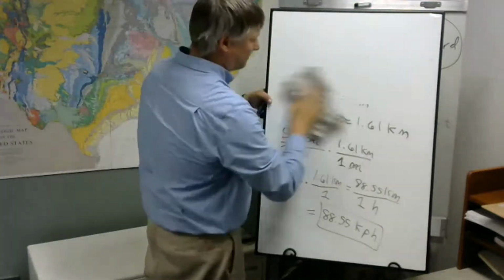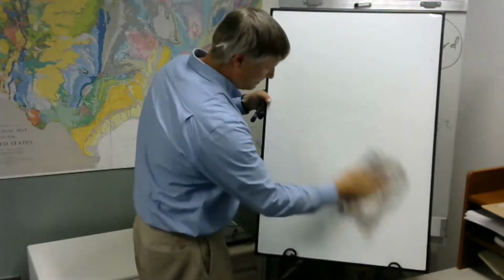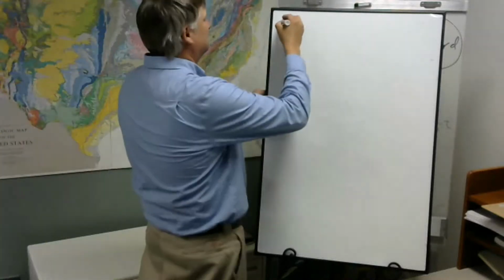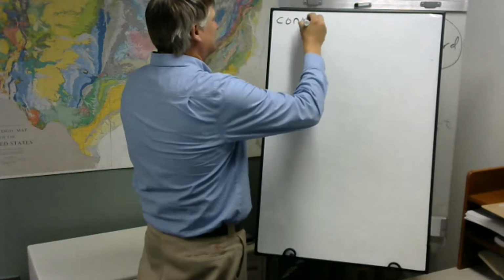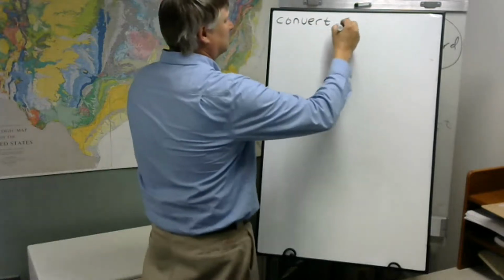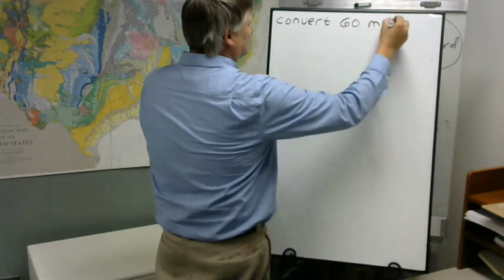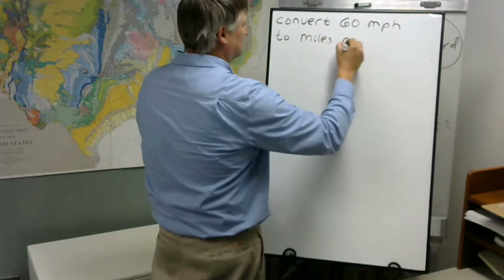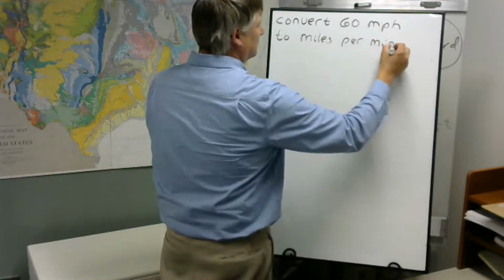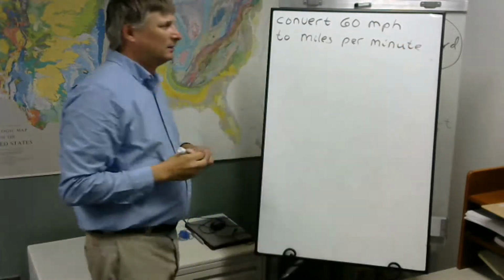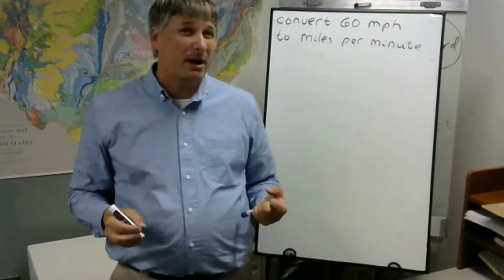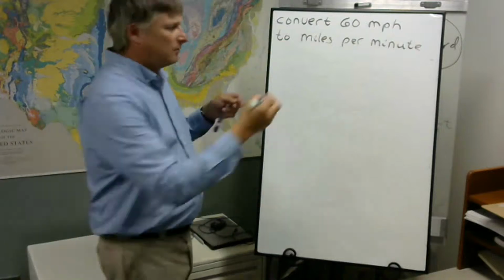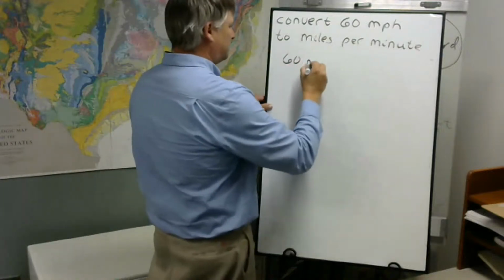So let's do another one. Now, let's say we're going to convert 60 miles per hour to miles per minute. Well, first off, let's rewrite 60 mph.